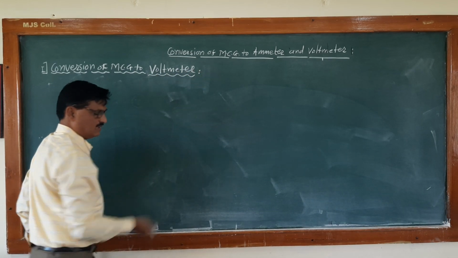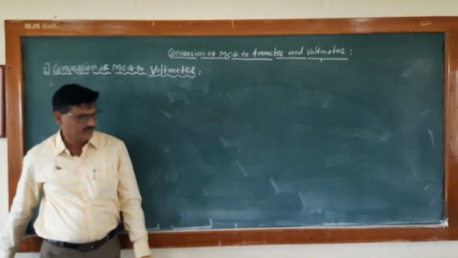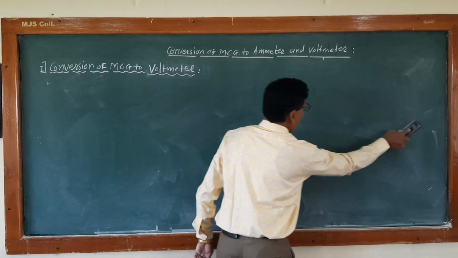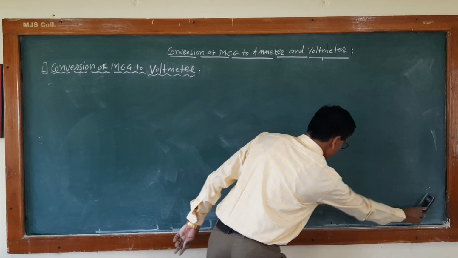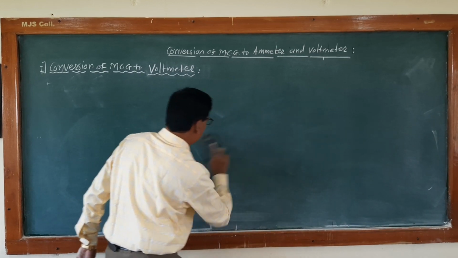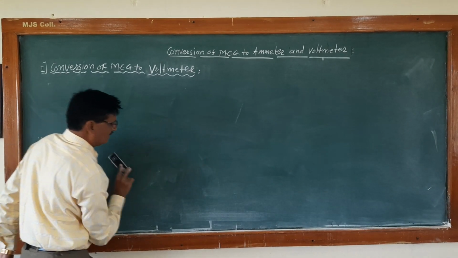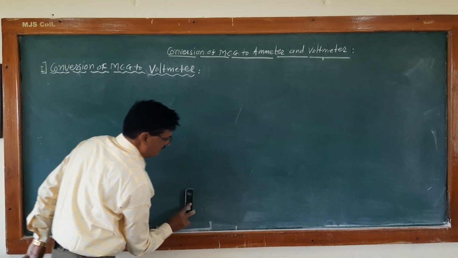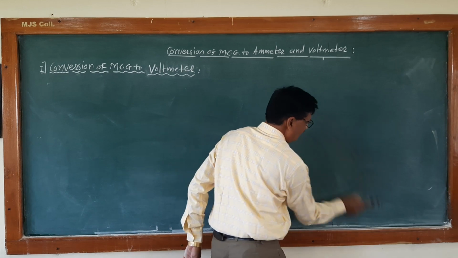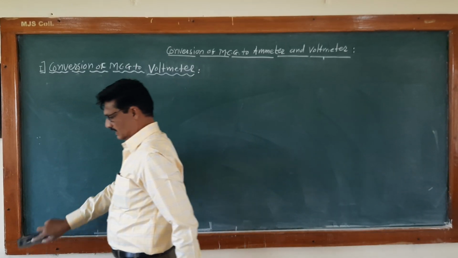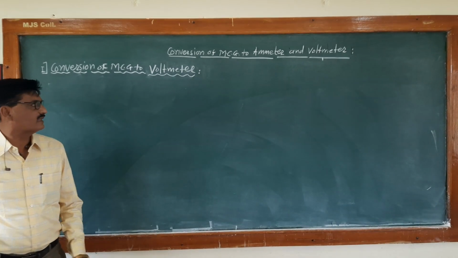A galvanometer has some resistance, but an ammeter has very negligible resistance. An ammeter is always connected in series with an electrical circuit, and a voltmeter is an electrical instrument that should always be connected parallel to the electrical circuit.